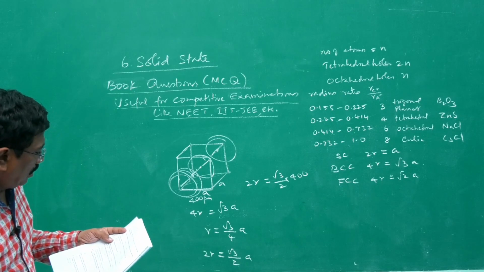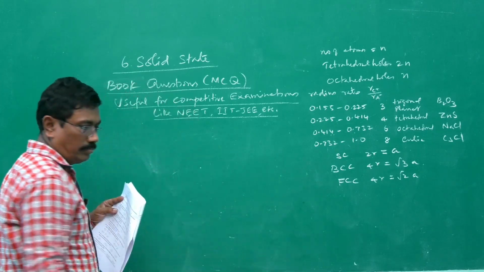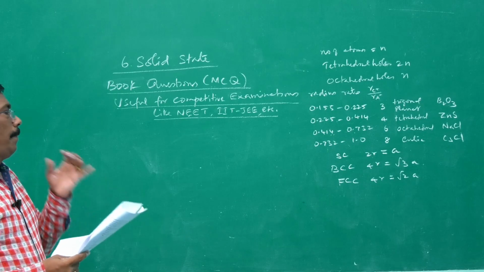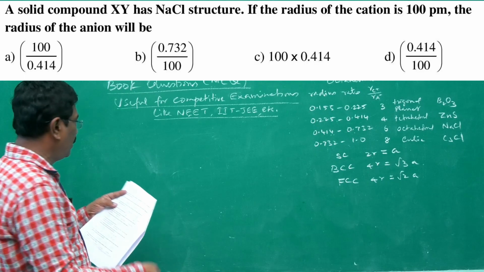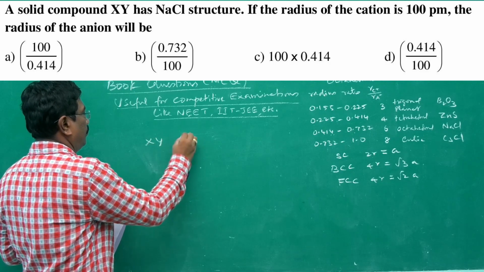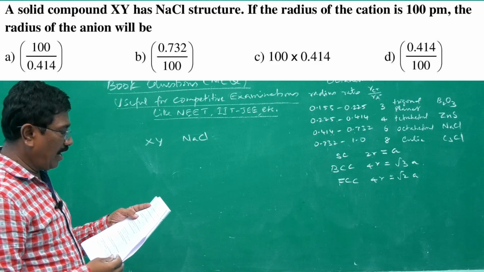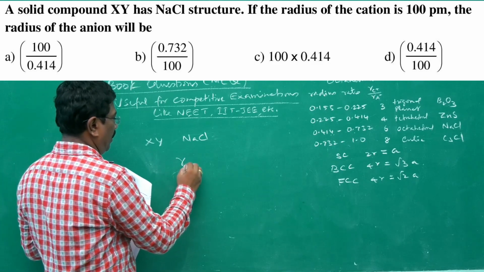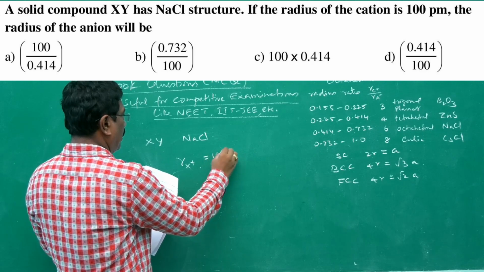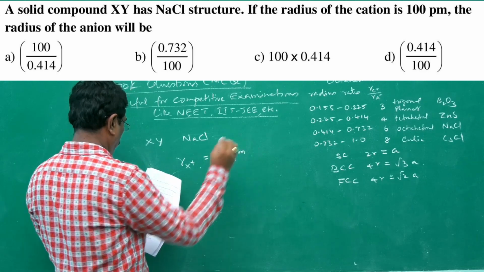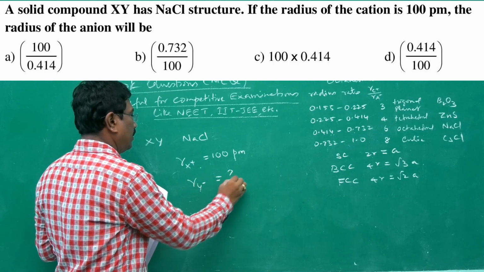Then 13th question. A solid compound XY has sodium chloride structure. If the radius of the cation, maybe X plus, is given as 100 picometer, the radius of anion Y minus will be, that's asked.